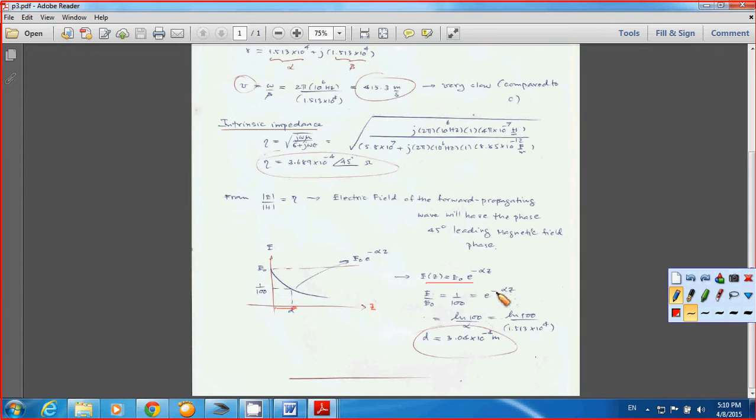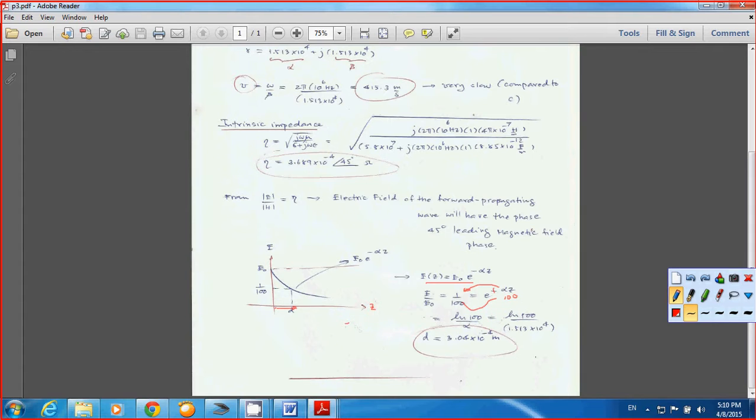I move the exponential on the right to the left, so the sign becomes positive, right? And I move 100 up here, just to make it easy to understand.